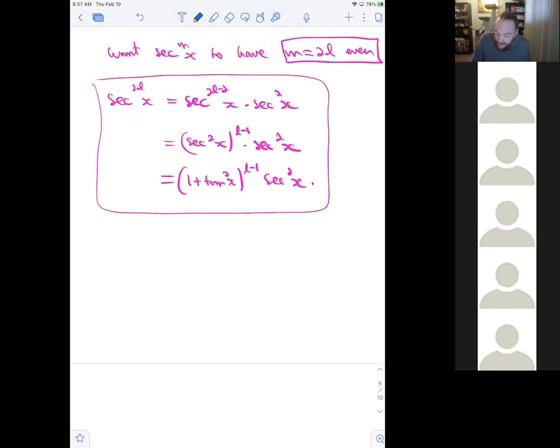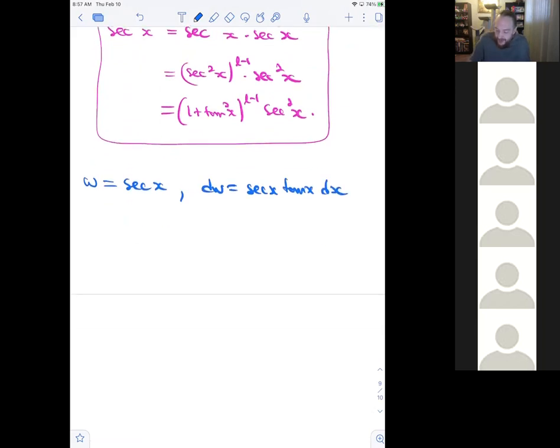It's better to think of them as substitutions that I need versus these cases. If I want W, my substitution, to be secant x, then I'm going to have dW is secant x tan x dx. And then if I have tan, I want that to be odd this time, because if I have tan^(2k+1) x, this will be tan^(2k) x times tan x.